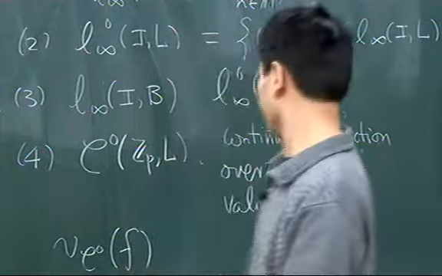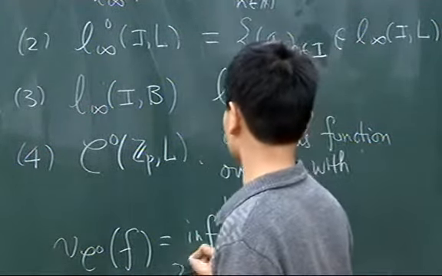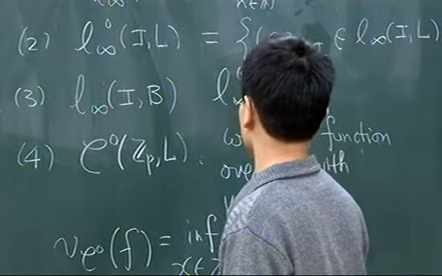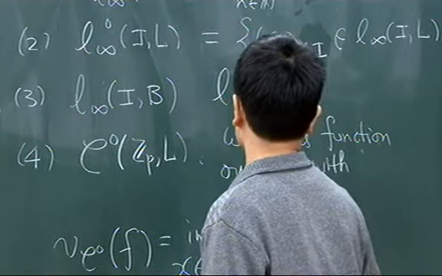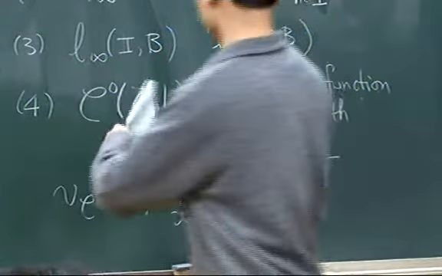So if f is a function, we take the infimum over x in Z_p of v_p(f(x)). Then this is also a Banach space.